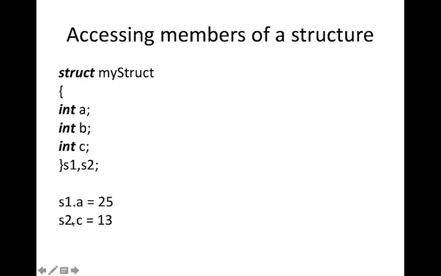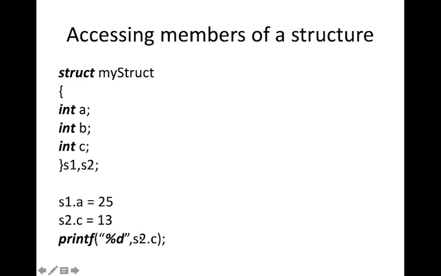Okay. So we will be using this dot operator to access the variables inside the structure. You have to use the structure variable, dot, the element name, A equal to 25, like that we can assign. There should be a semicolon also, everything should end with a semicolon. Then you can print like this: printf percentage d comma s2 dot c. So 13 will be printed because we have assigned 13 to s2 dot c.